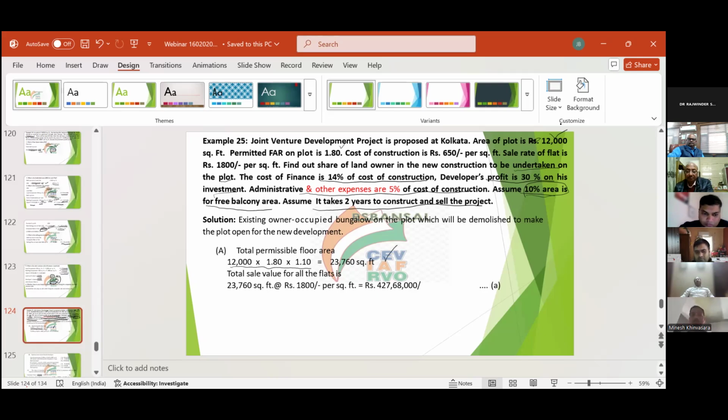And the sale price is 1800 per square feet. So the sale value of all the flats is 4 crore 27 lakh 68,000. This is the sale price of all the flats.